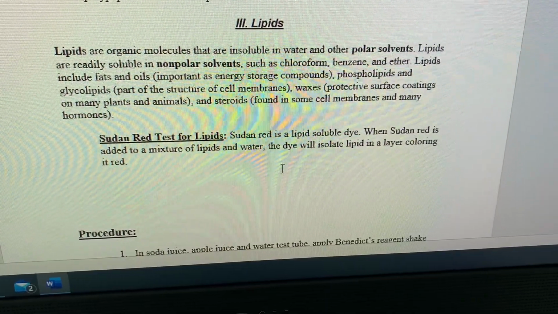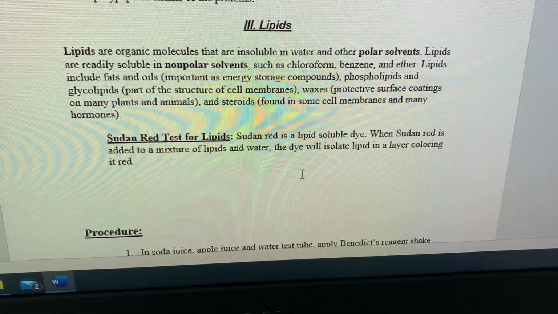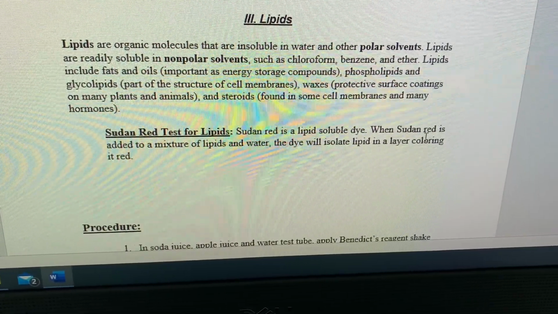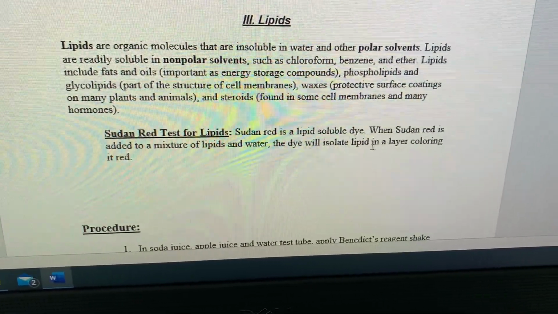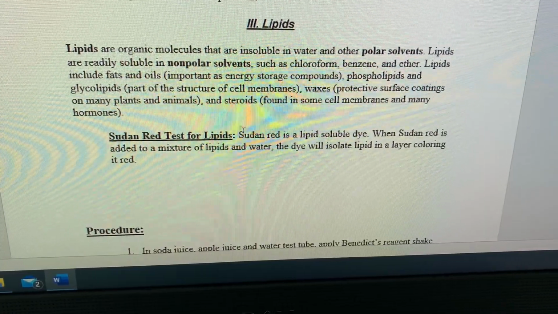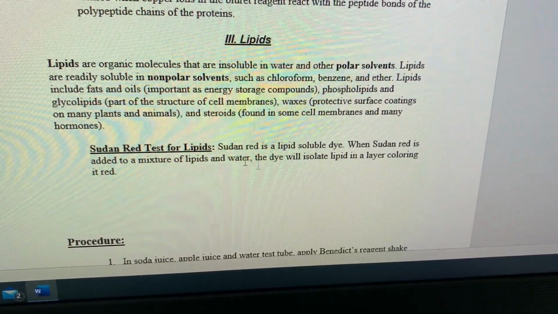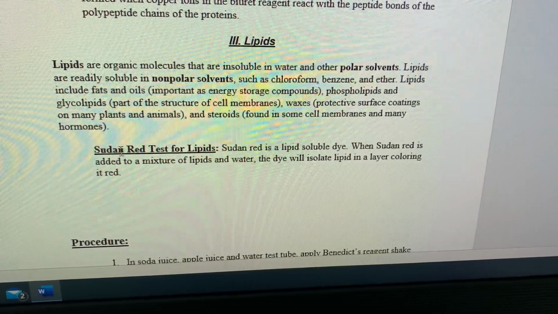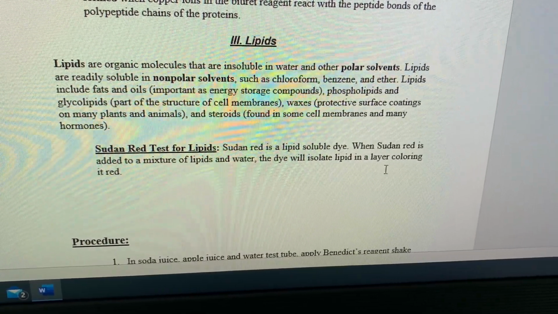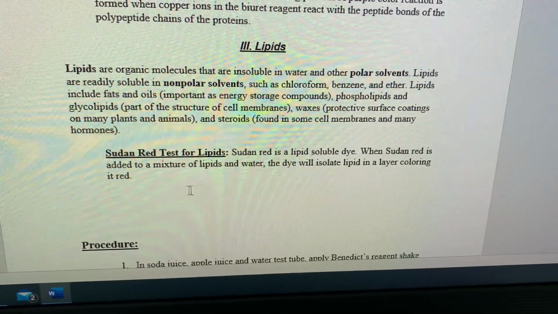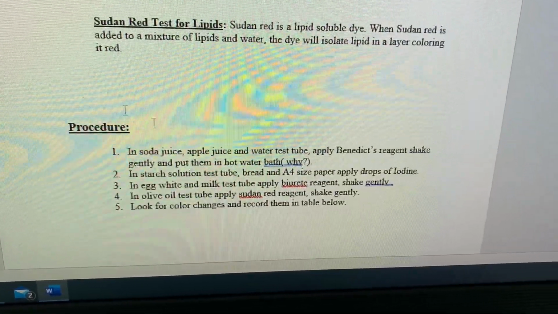It binds to the molecules of oil, separates it from whatever it is dissolved in. So the dye, this is Sudan red, will isolate lipids in a layer and color it red. Very simple. So this is the procedure.